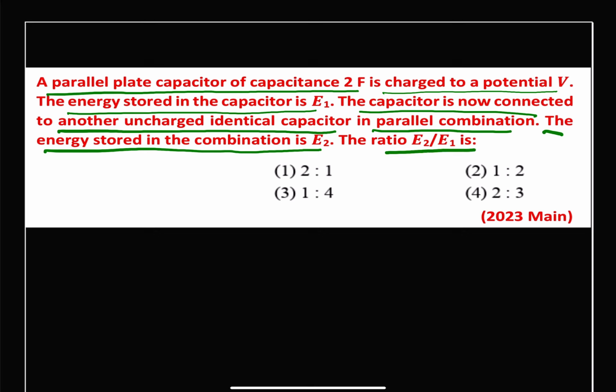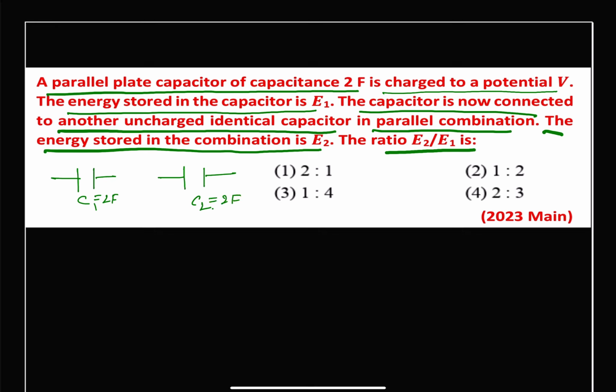So initially we are having capacitors. We have two capacitors. Let us say this is our capacitor C1 and this is another capacitor, C2. C1 is given to us as 2 farad and C2 is also identical, so this will also be 2 farad.